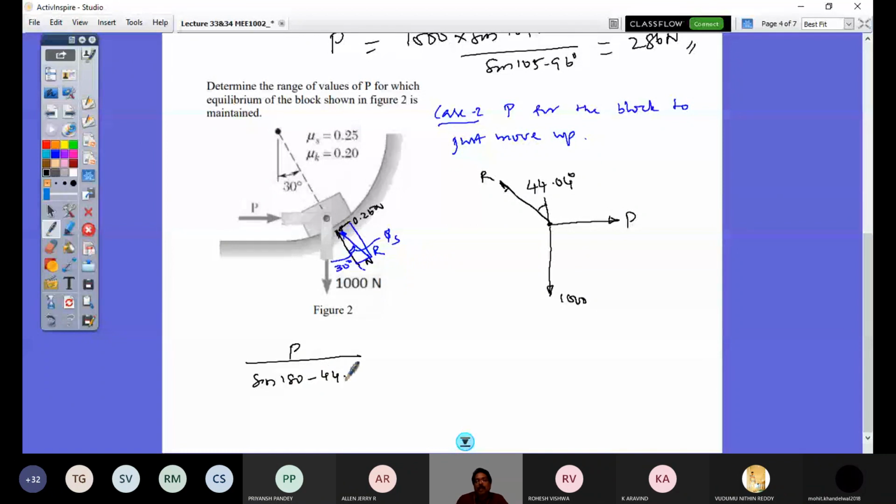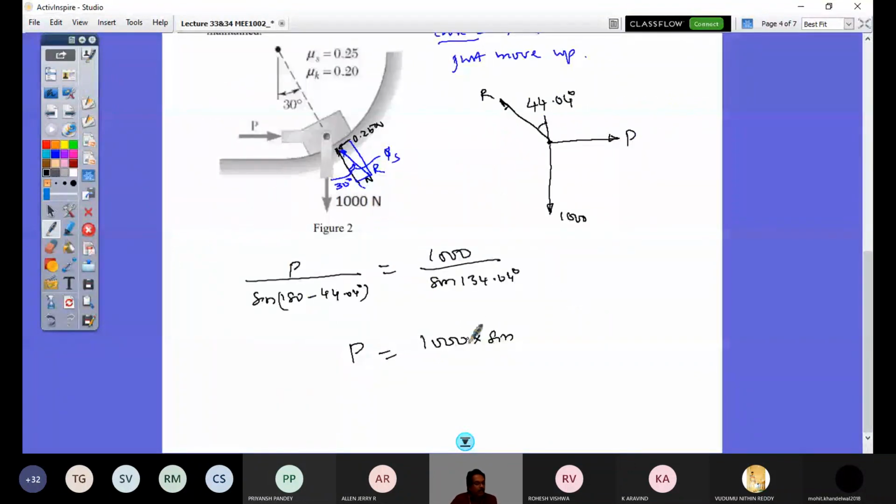So this solves for P, and the P value will be 1000 into sine of 180 minus 44.04, what is that angle?